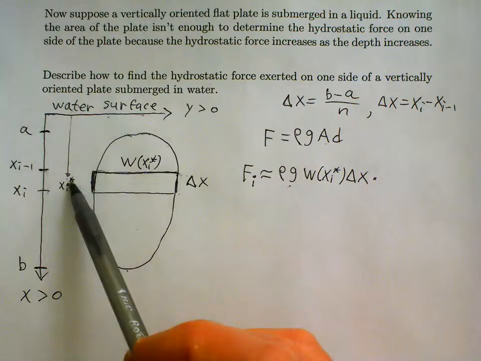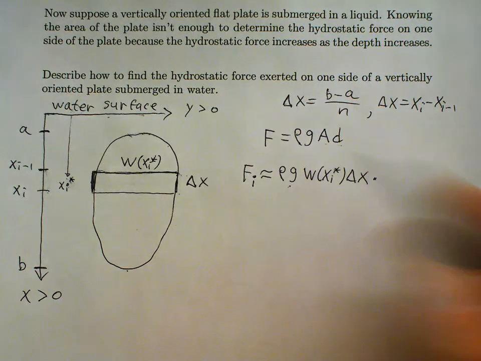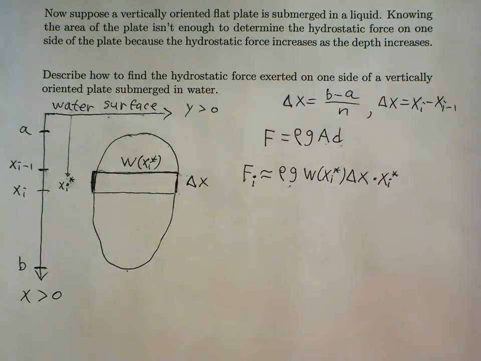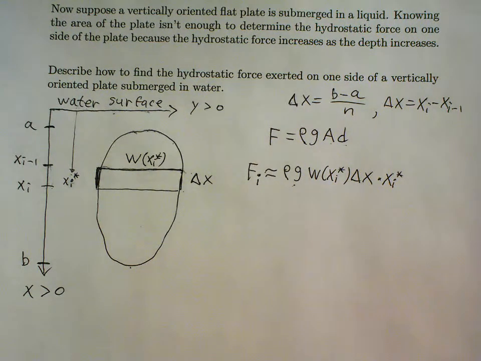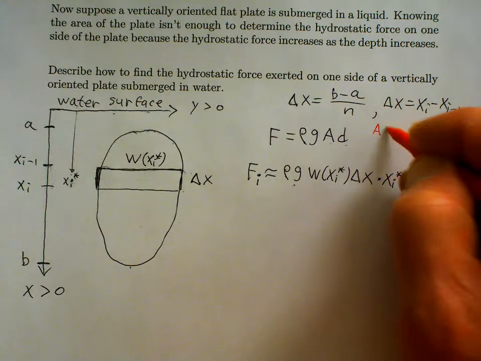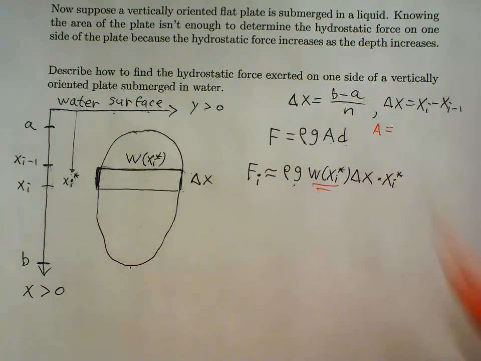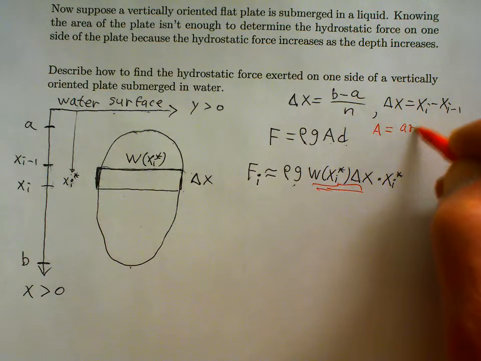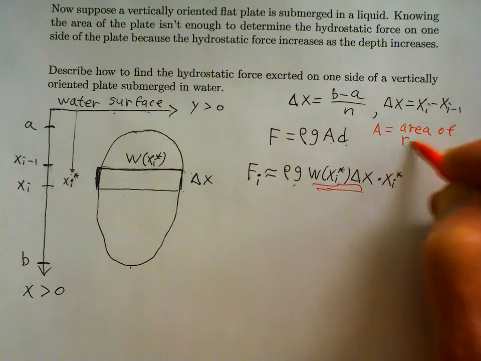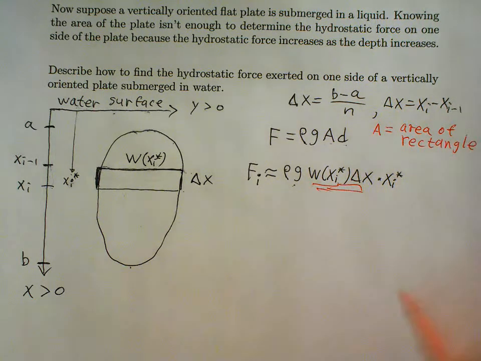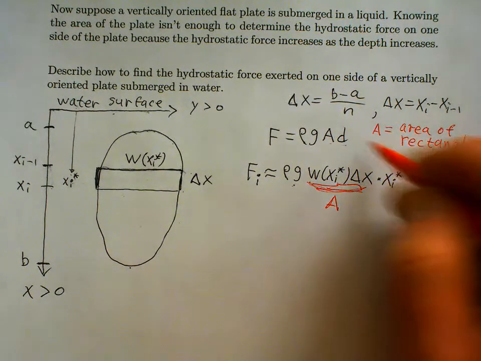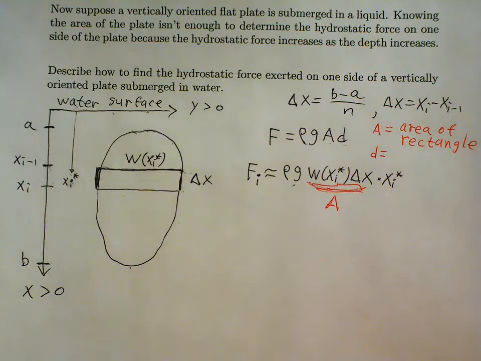And the depth is x sub I star. So just as a reminder, A is the area of the rectangle. So this right here is what A is, and D represents the depth of the rectangle at a particular point.